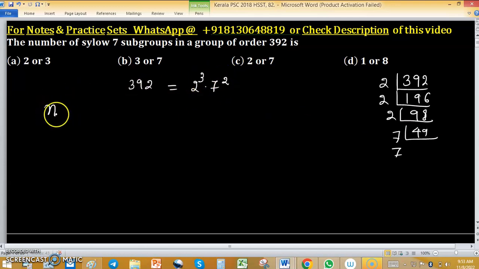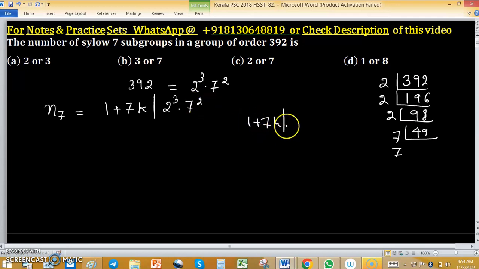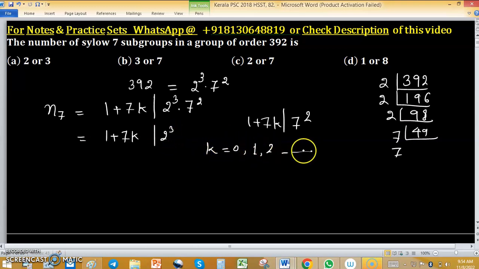The number of 7 Sylow subgroups can be found using the formula n7 equals 1 plus 7k, where 1 plus 7k divides the order of the group, meaning 2 raised to the power 3 into 7 square. We know that 1 plus 7k doesn't divide 7 square, that's why 1 plus 7k will divide 2 raised to the power 3, where k equals 0, 1, 2 and so on.